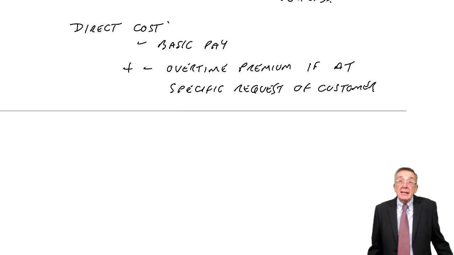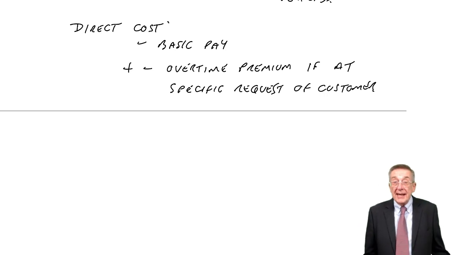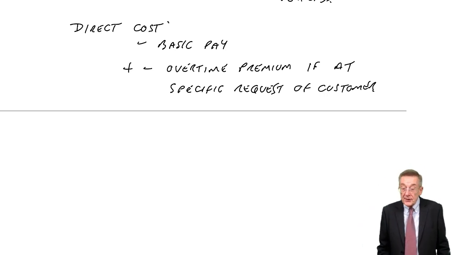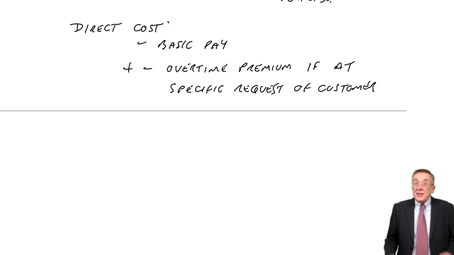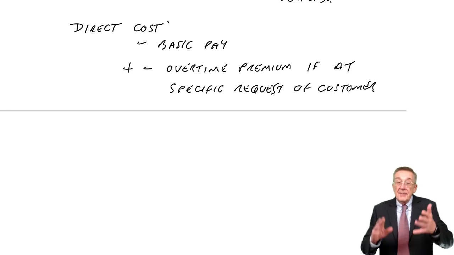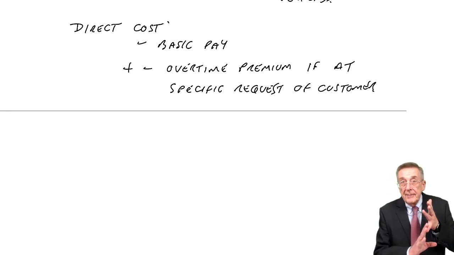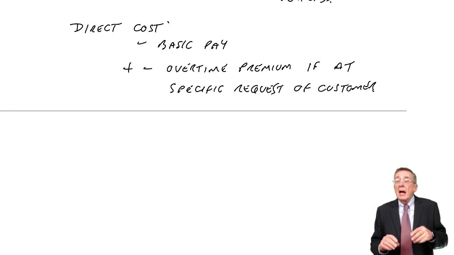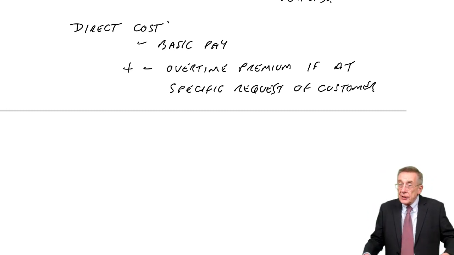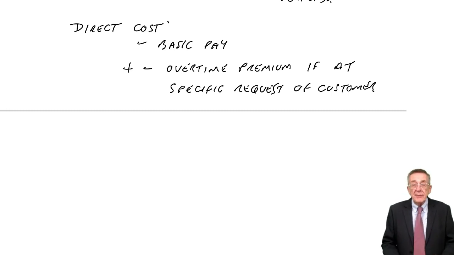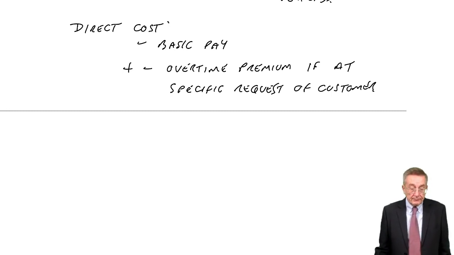Sick pay, again, if we're paying them when they're off sick, they're not working, it's an indirect cost. So it's only a direct cost if it's their basic pay, $5 an hour or whatever it is, or any overtime premium, provided it's at the specific request of a customer.